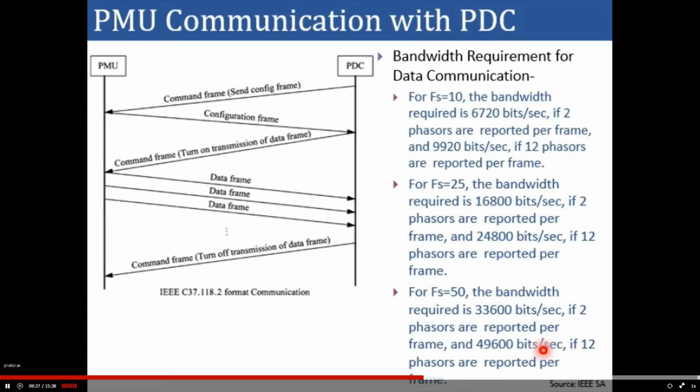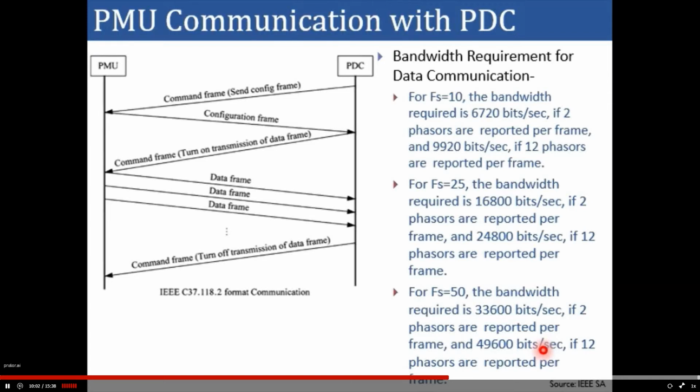Now if we have, say, thousands of PMUs, let's take the example of India. Right now we are in the process of deploying 1700 PMUs at various buses. If we compute the data reporting requirement, you can simply check that if you multiply 50 by 1700, it will be close to 85,000 kbps.